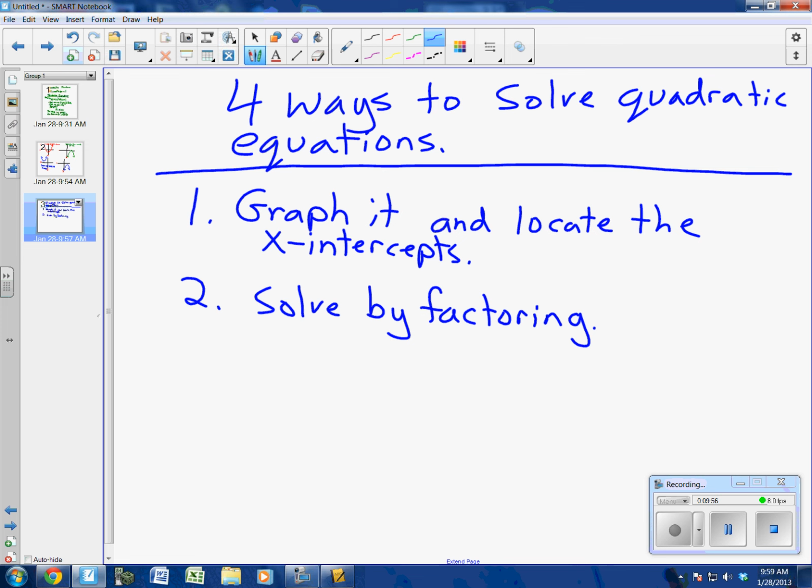Okay, number 3 way is to solve by completing the square.